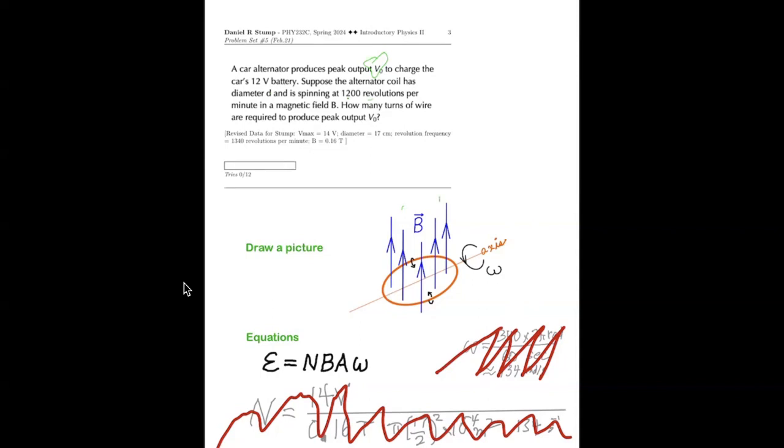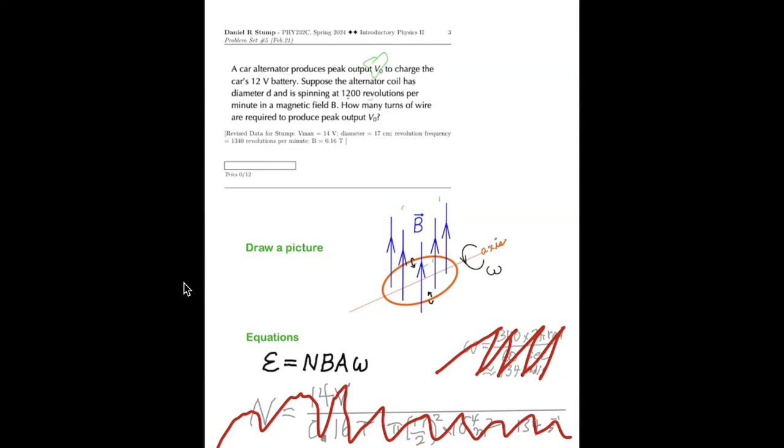You know, in one orientation, it has a positive flux. Half a cycle later, it has a flux in the other direction, so it has a negative flux. So the flux is alternating between positive and negative as the coil rotates. So by Faraday's law, there'll be an electromotive force around the coil.